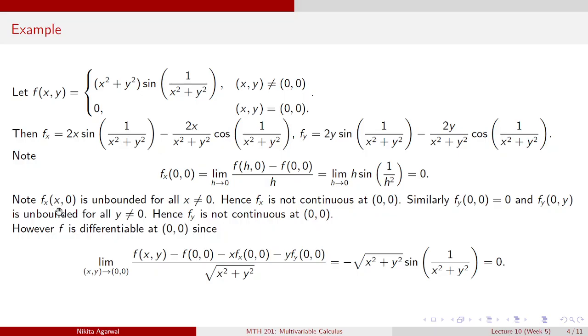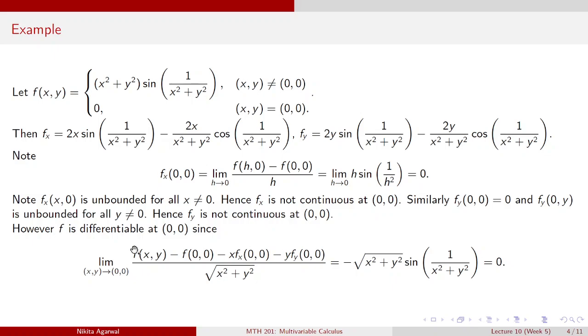So fx(x,0) is unbounded, and hence fx is not continuous at (0,0). I should not say for all x not equal to 0, that's not true. I will make it precise in the PDF file. But as you approach x equal to 0, this limit does not exist. So fx is not continuous at (0,0). Similarly, fy is not continuous at (0,0).